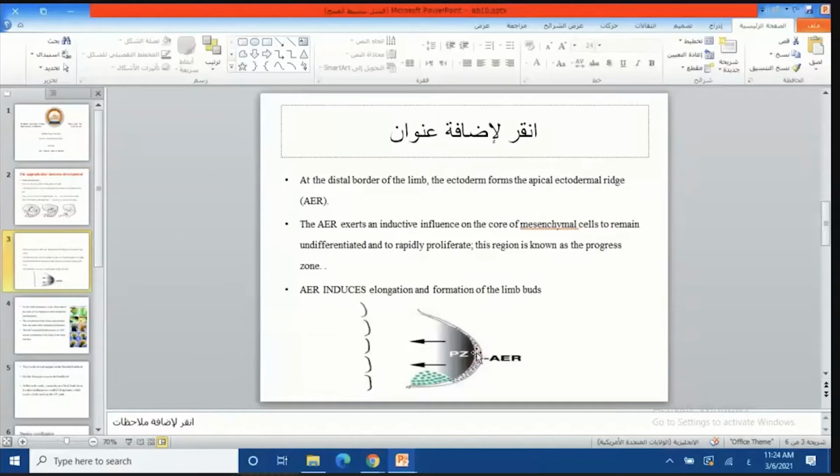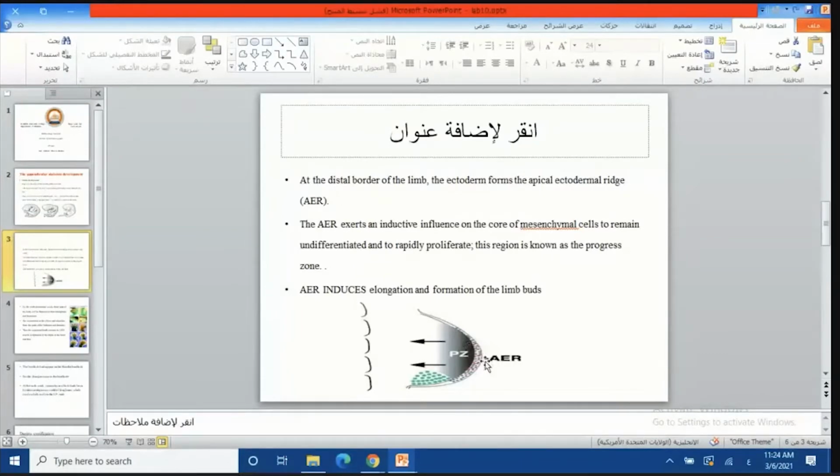These structures, this apical part, have the ability to exert an inductive influence on the core of mesenchymal cells.